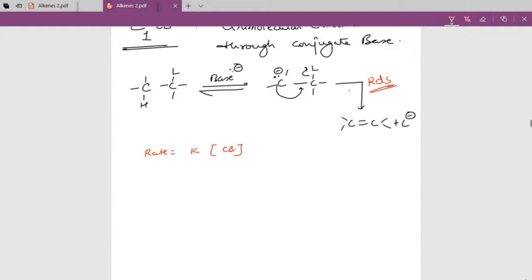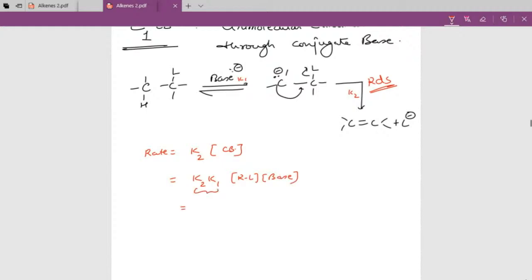Rate constant of the second step. But I want the conjugate base to be written in terms of initial reactant. So I'll say its concentration is K1 into RL into base.